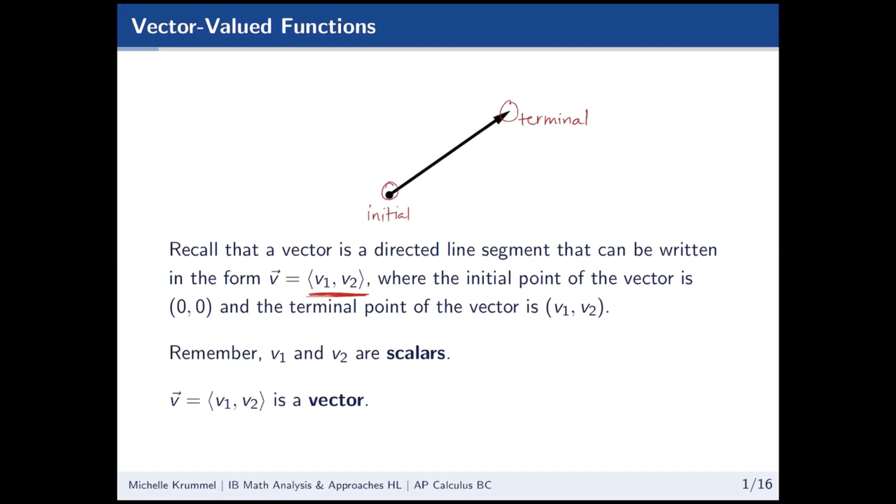So the individual components here, this v1 and this v2, those are real numbers, and we call those scalars. But overall, when we put the angular brackets around those components, we call this a vector. Okay, so that is vector v, and it has components v1, v2. Horizontal component v1, vertical component v2.